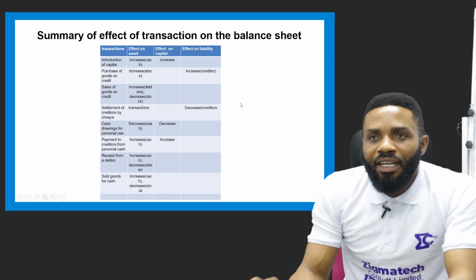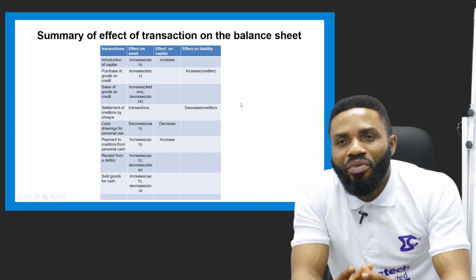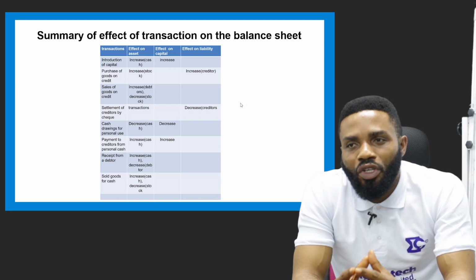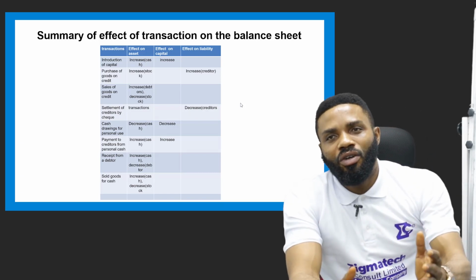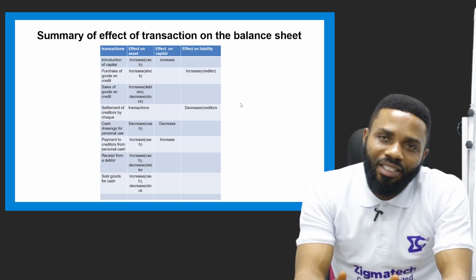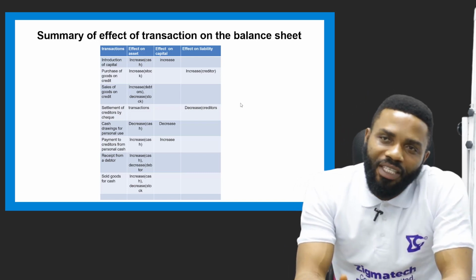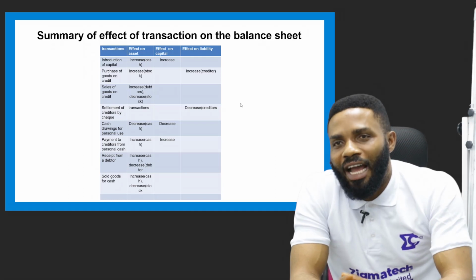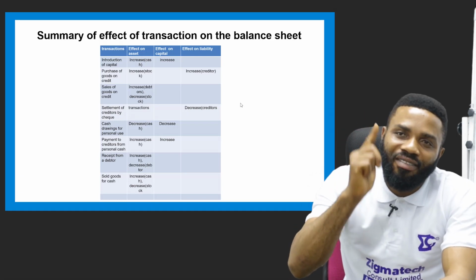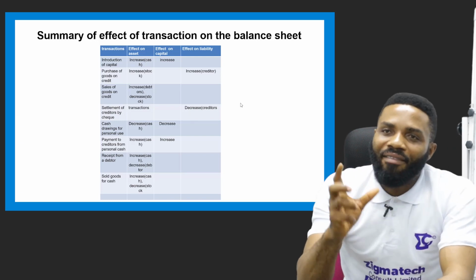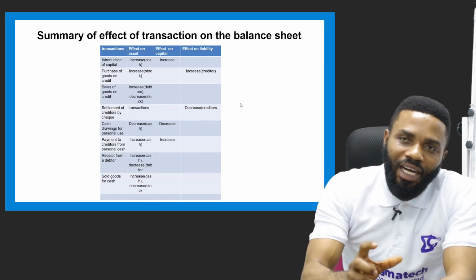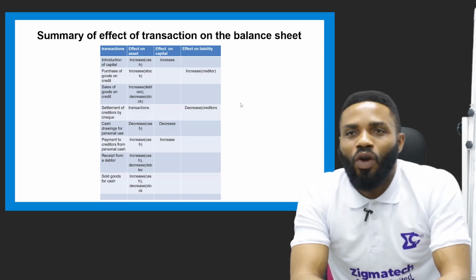Now, there is a table that will really give us the true picture of what we are talking about. You have a transaction, we have an effect on assets, we have an effect on capital, and we have an effect on liability. Every single transaction has an effect on your assets, on your capital, and on your liability.